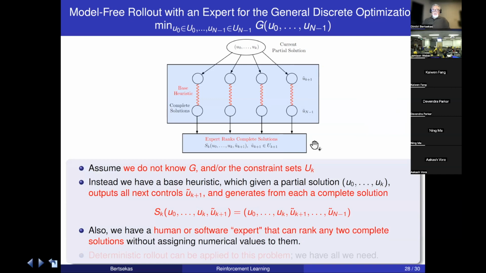So this kind of scheme, where we use a heuristic that's hidden inside a computer and an evaluator of cost that's also hidden inside a computer without having expressions that are analytically available, it's no different. We have all we need. So all the ideas of deterministic rollout that we have discussed apply to this problem as well. Is this clear? Are there any questions?